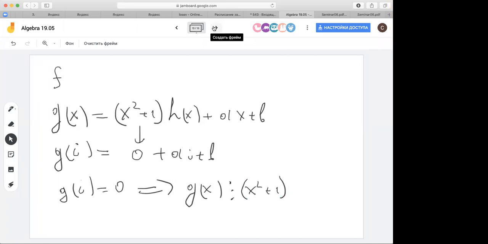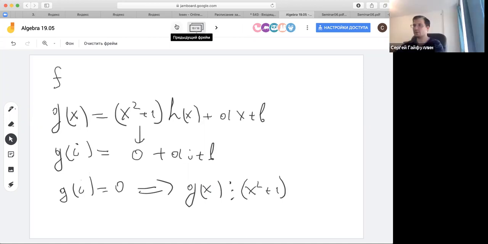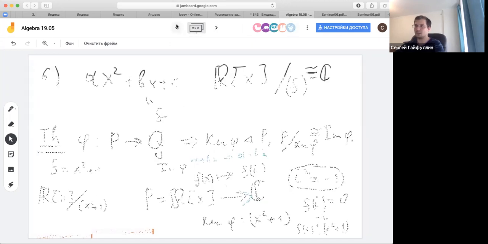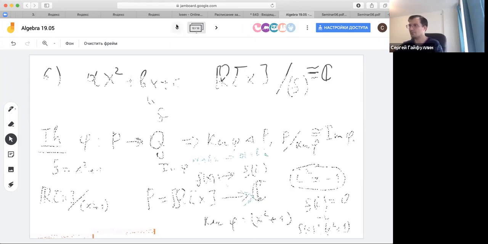Okay, but where did we get ax plus b from? We can add it just because g of x is an arbitrary polynomial. G of x is a polynomial. I say that, I'm sorry, here is g.